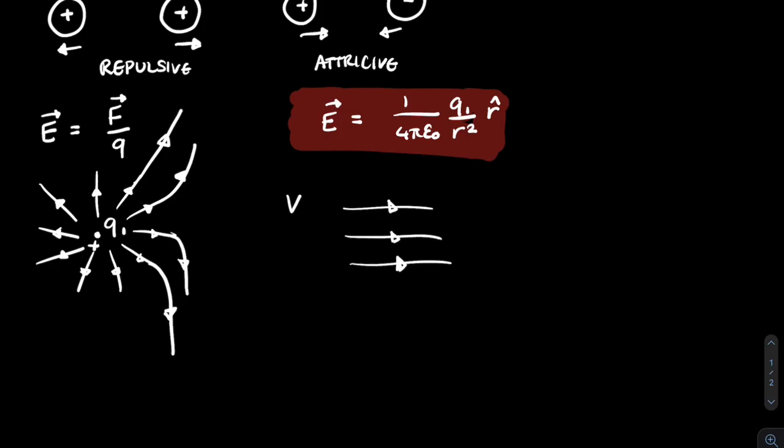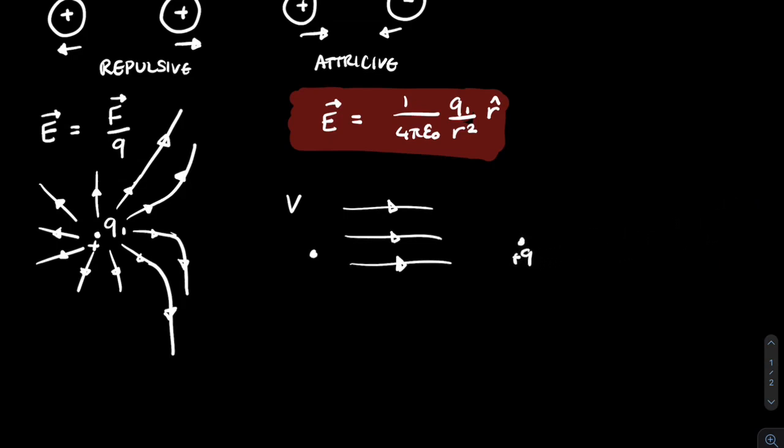And say you have a charge that is completely free of the electric field, located somewhere out here. It's a positive charge. It's completely outside the electric field because it's so far away that it doesn't have anything to do with it whatsoever. What is the work done to bring it into the electric field? Well, we're going to have to put in some work to get it all the way over here.